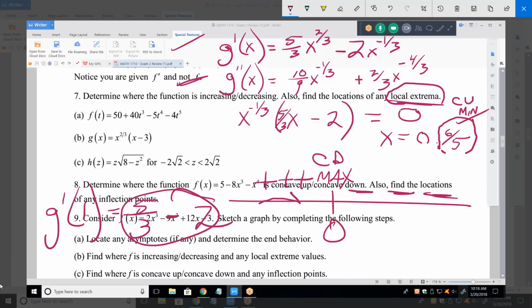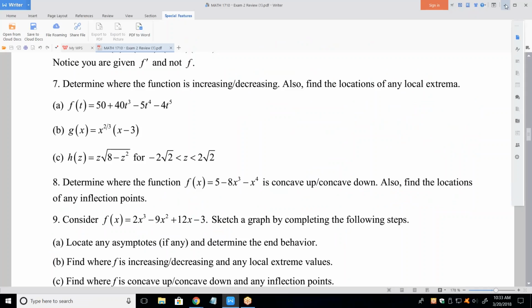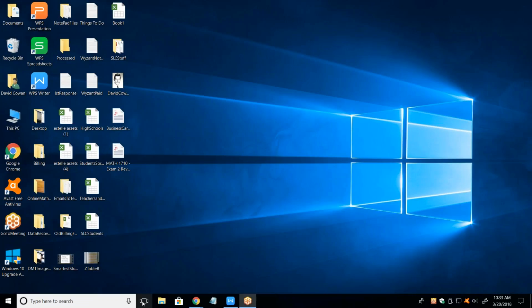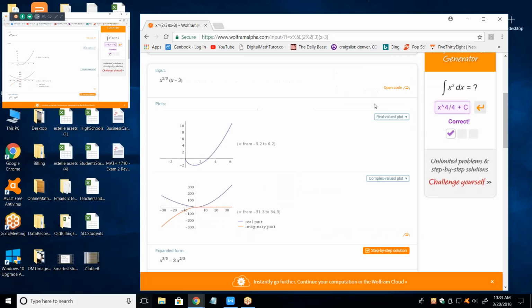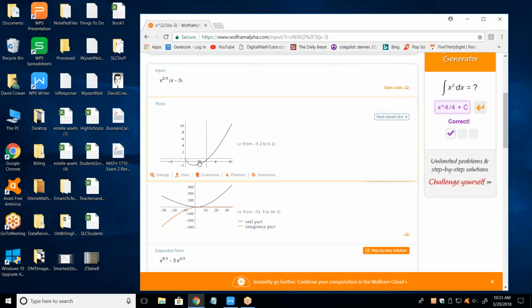And let's look at our Wolfram Alpha chart just to verify that. So we had a maximum at 0 and a minimum at 6/5, right? A maximum at 0. There's our minimum.